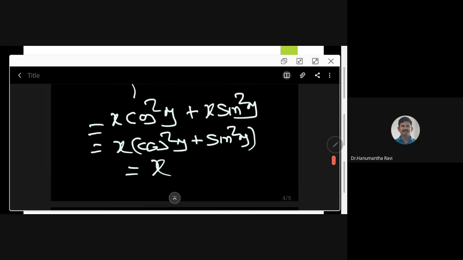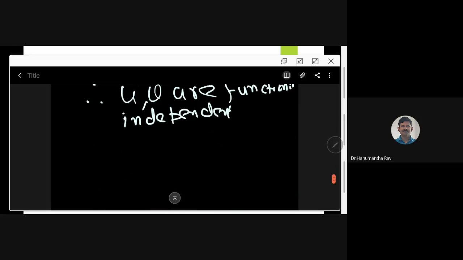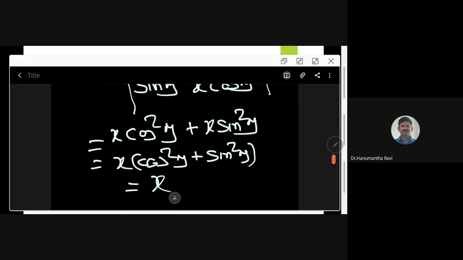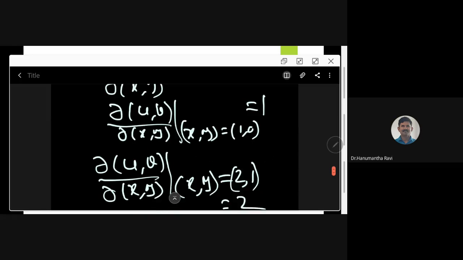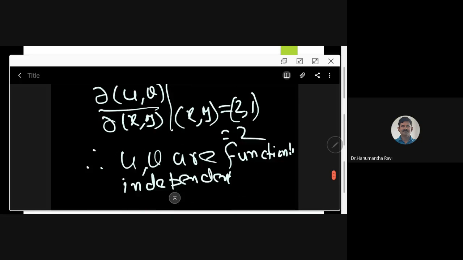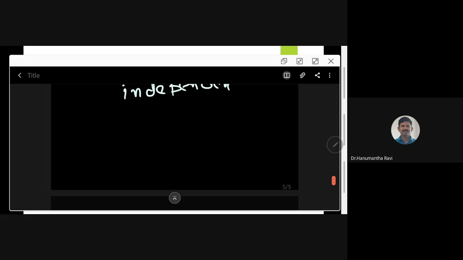On the other hand, here we have x. Because this is not equal to 0, we cannot expect an explicit relationship involving u and v only. That is one of the most important properties of the Jacobian.